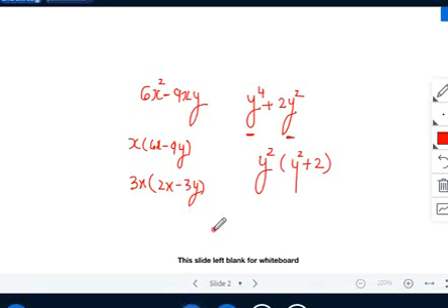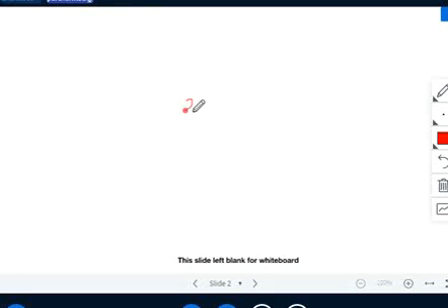Okay, now let me see. Okay, this one: 2d squared plus 6d. Factorize this. So 2 is common, and d is also common.